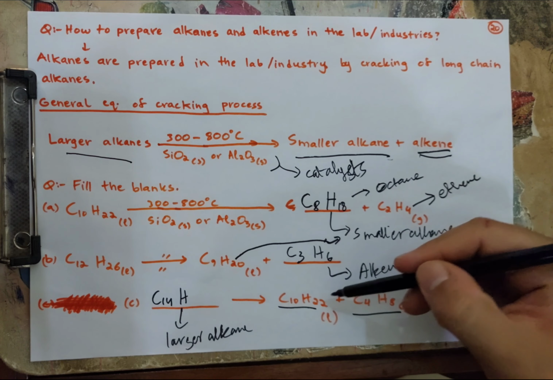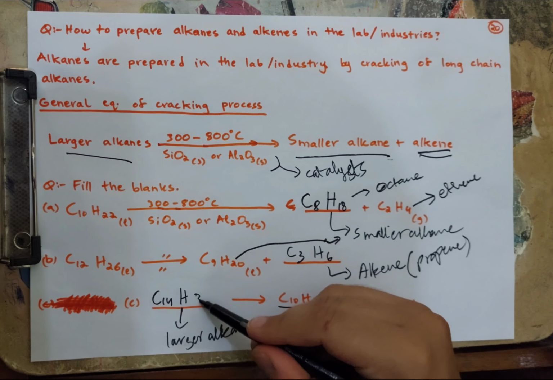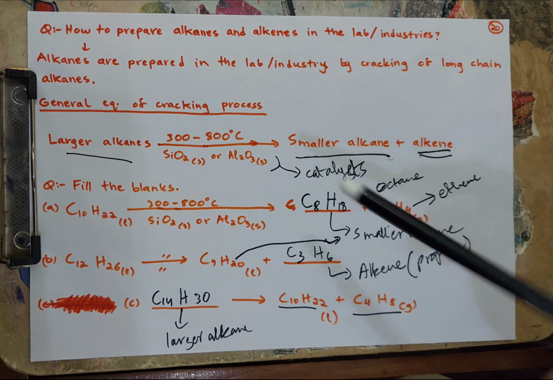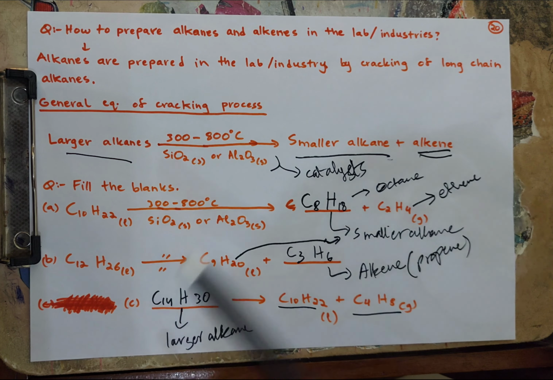So C14 and H: 22 plus 8, 30. C14H30 is formed over here. You don't need to memorize the names of alkanes with more than 10 carbons.